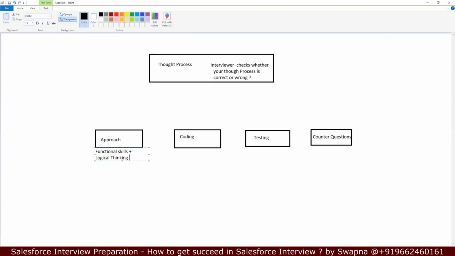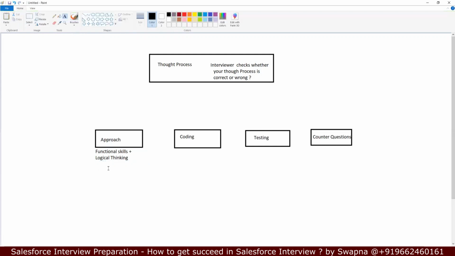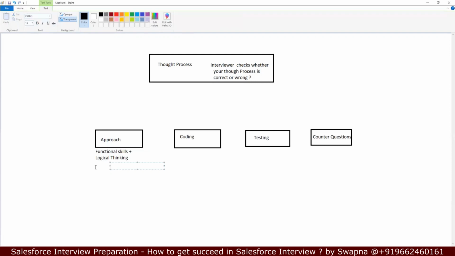The combination of your functional skills and logical thinking is called approach. So the interviewer's focus is on the approach, to understand the functional skills and logical thinking.